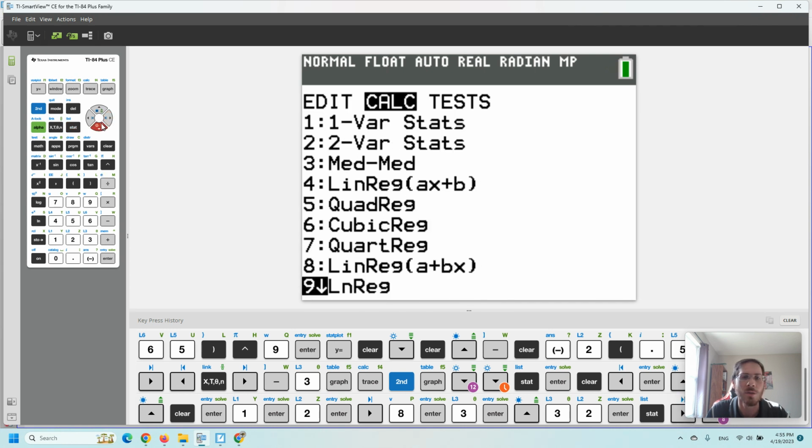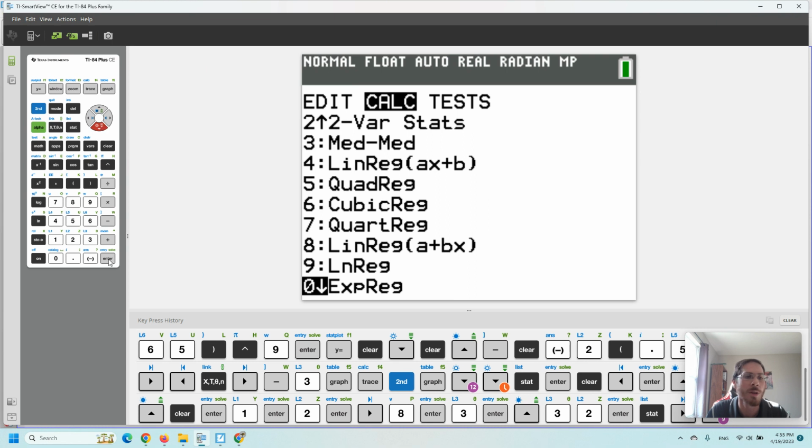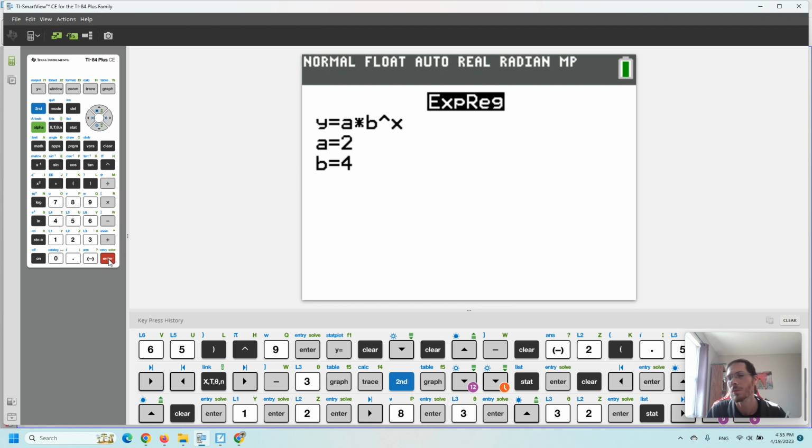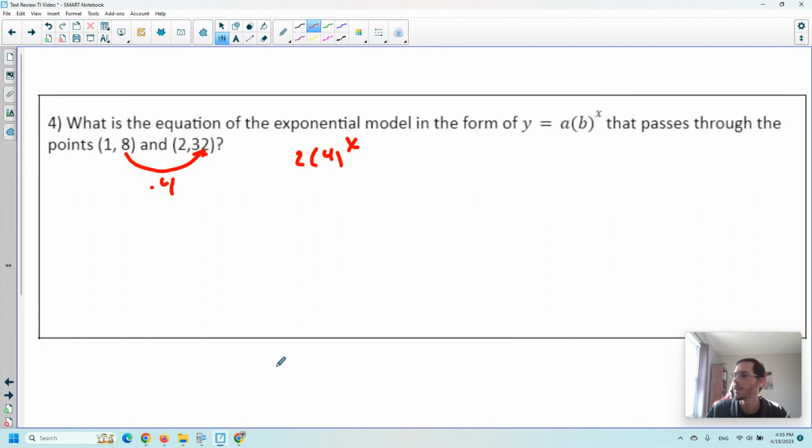So again, that's not on the screen right now. We have to go down to ExpReg. We're going to press enter a few times to get the equation to show up, and we can see A is 2, B is 4. Since A is 2 and B is 4, if we were to plug 2 and 4 in here, we would get the same equation as if we did it by hand. But if you want to use the calculator, that's how you can do it in the calculator.